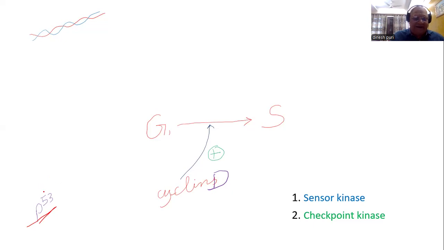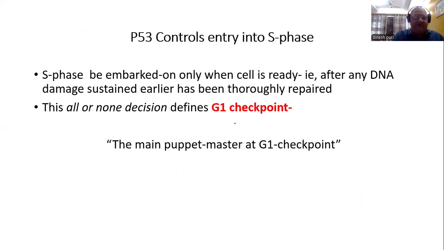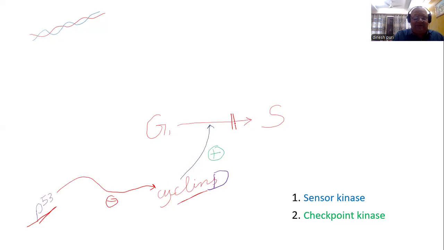How does it act? तो अगर आप ये देख लीजिए, I won't go into details, cyclin D is the puppet master, और अगर ये cyclin D ही inhibit हो जाए, then what will happen? This progression will be blocked. All right. This is what P53 does.